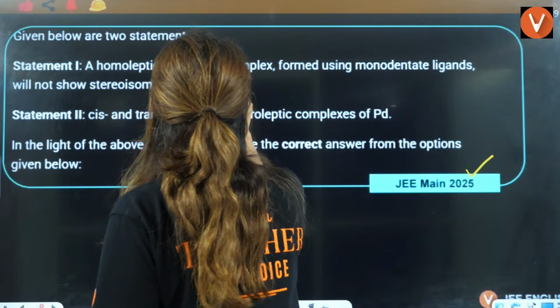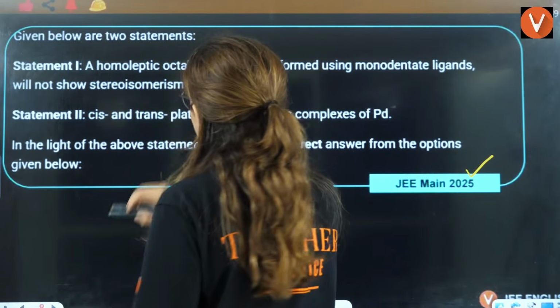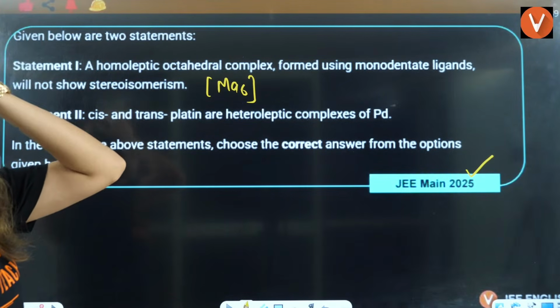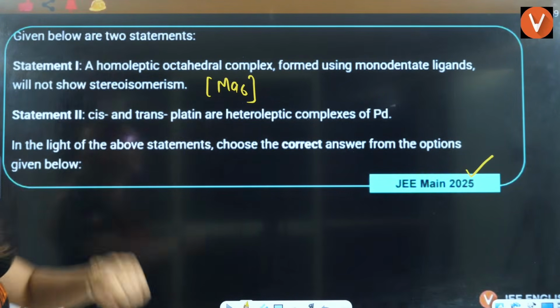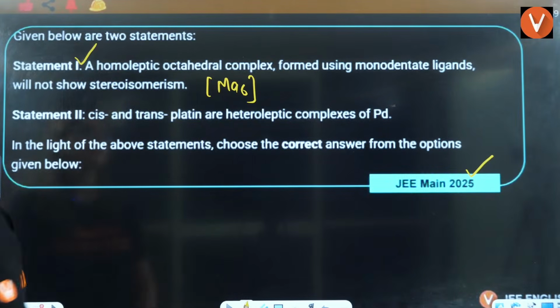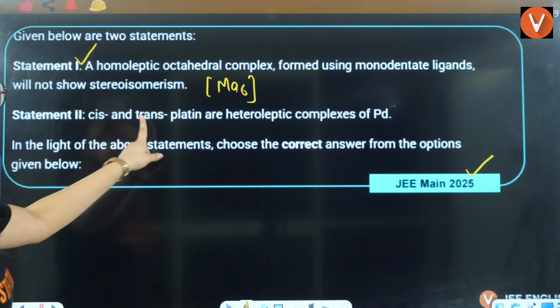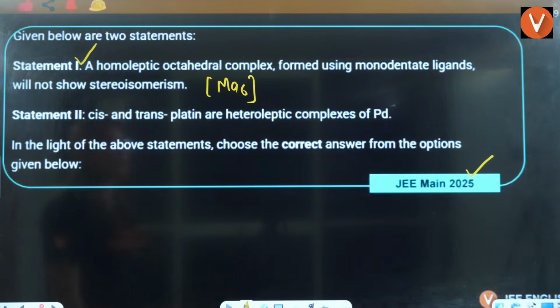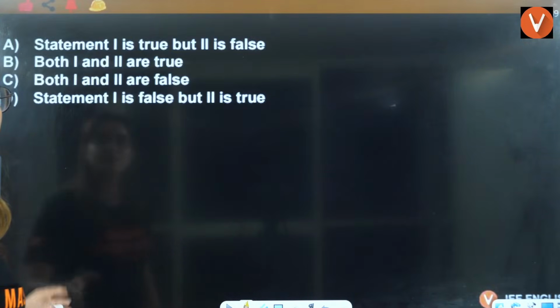See, homoleptic means MA6. Will it show geometrical isomerism? It will not show. Will it show optical isomerism? No. So this is correct. Cis and trans platin are heteroleptic complexes of PD. See, what is cis and trans platinum?